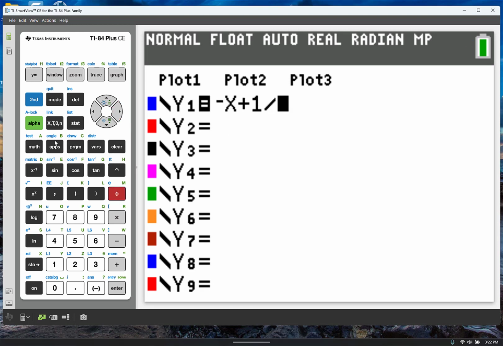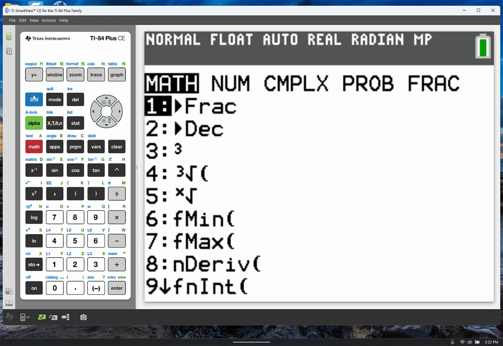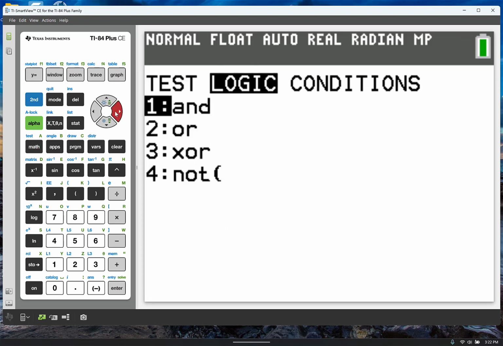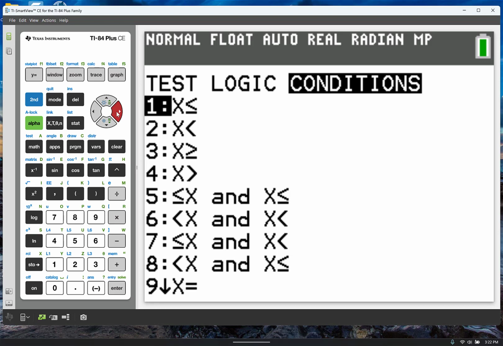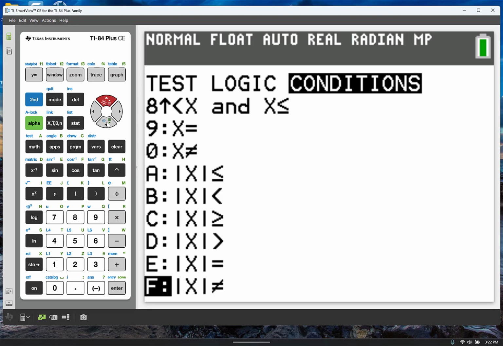So let me see. I push this. I push x. And I push math. Maybe it's a second test. I'm trying to remember how I used to do it. For x, okay, I got it.